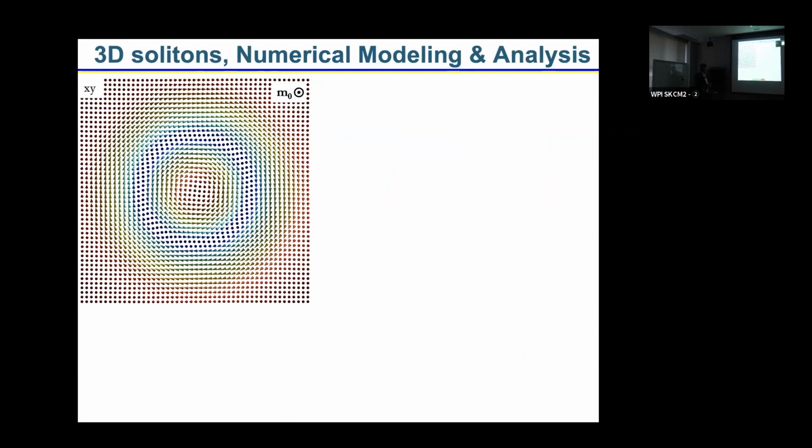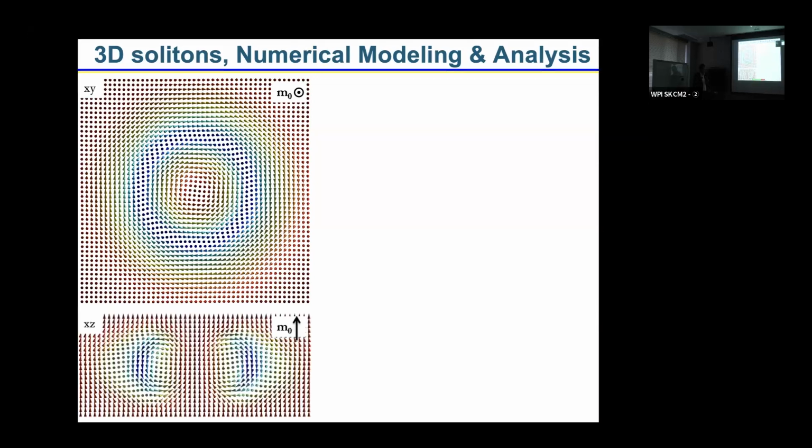And as you can see, you smoothly rotate the spins, or unit vector magnetization field, from center to periphery by 360 degrees in each direction. And just like for a solitonic ball, you can meet the far-field background after doing such rotation, right?